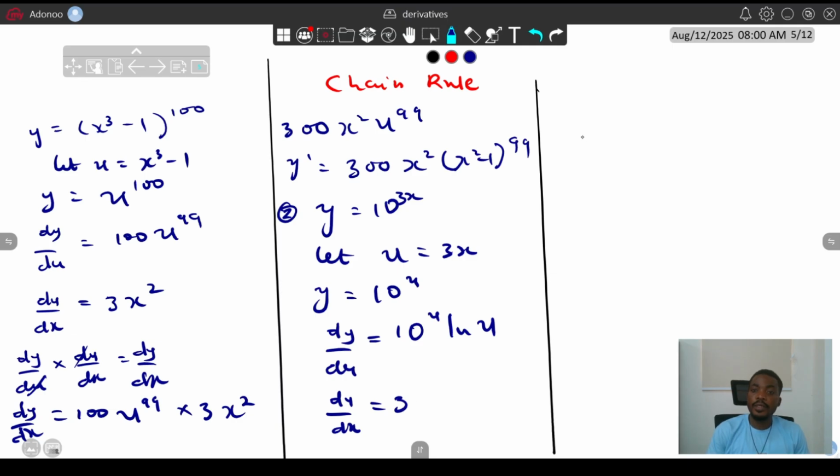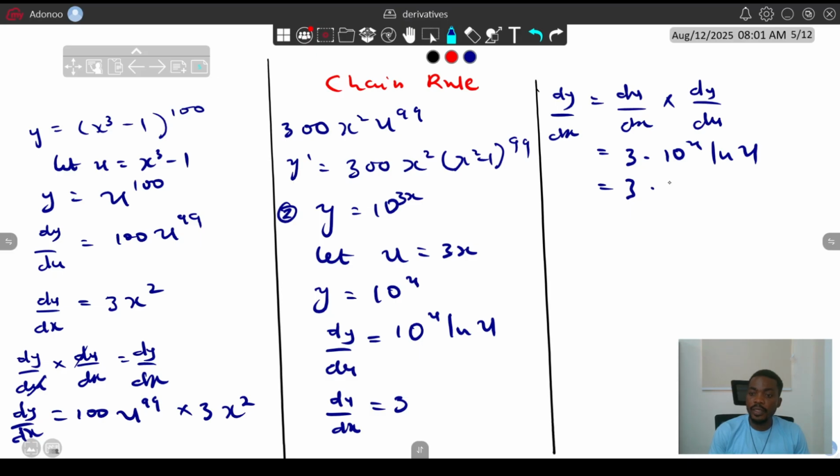Good. So now dy/dx will be equal to du/dx times dy/du, and that is equal to 3 times 10 raised to the power u ln 10. We know what u is.